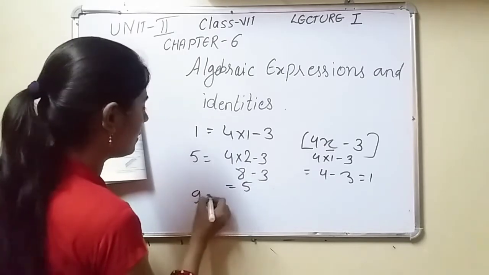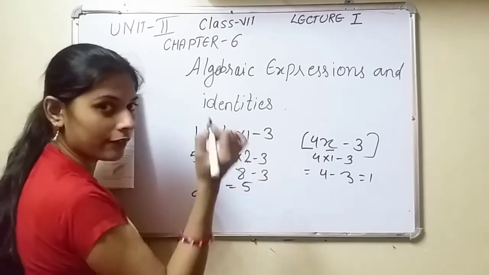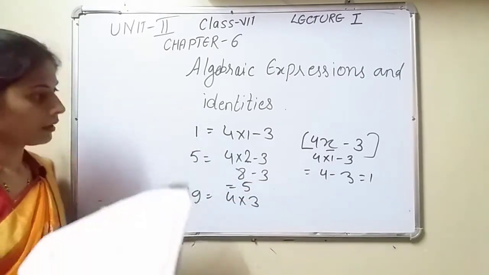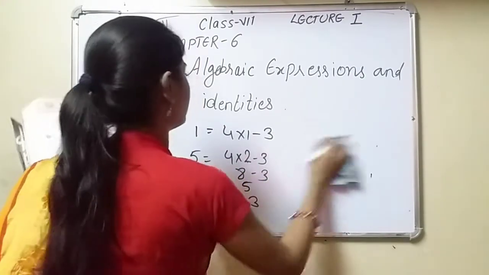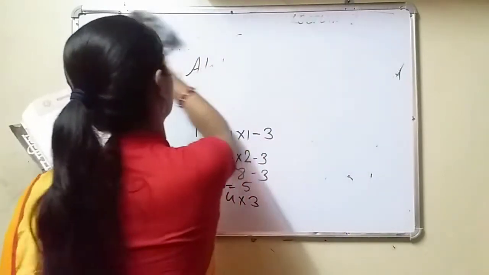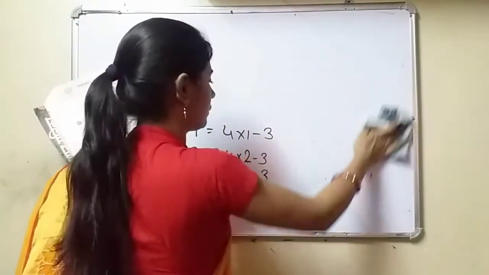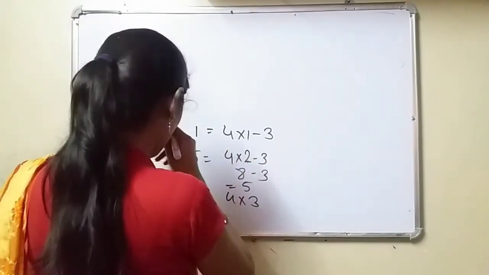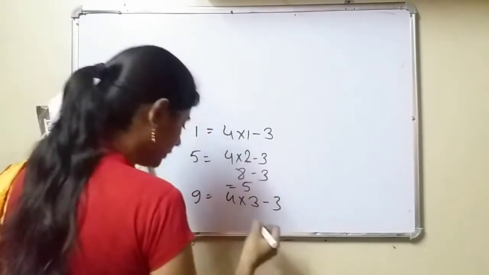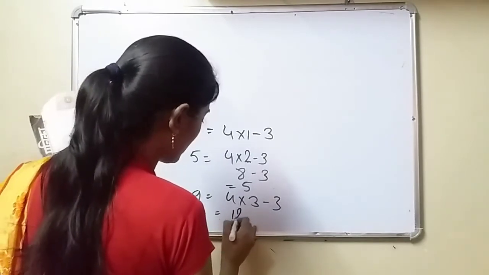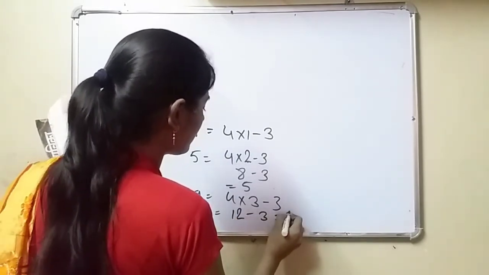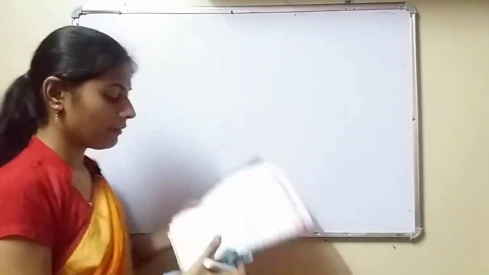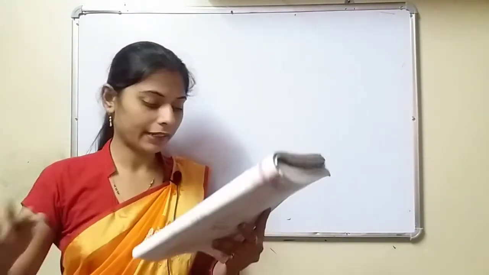Then for 9, you again have to increase the number by one, 4 into 3, minus 3, that is 4 threes are 12, minus 3, that is 9. So in every question you will get a formula like this.